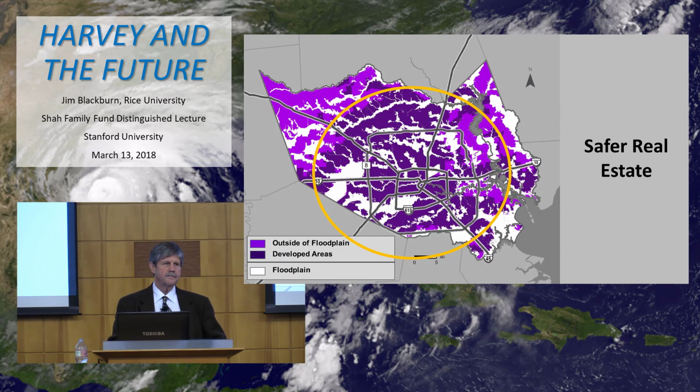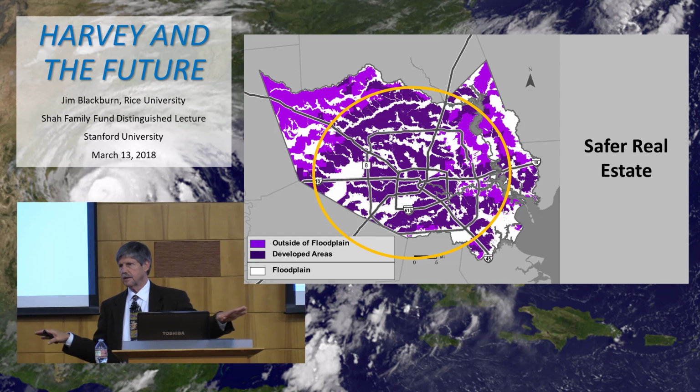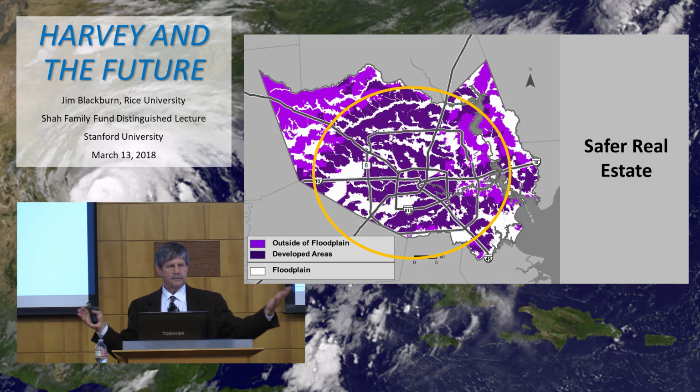On the other hand, the dark purple, the area outside the 100-year floodplain, higher up in the watersheds, better drained, not flood-proof. There's nothing that doesn't flood in Houston. But this is much better able to be drained if you evacuate the floodplain.